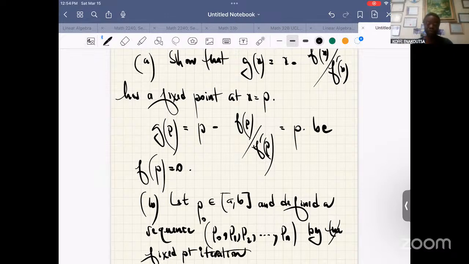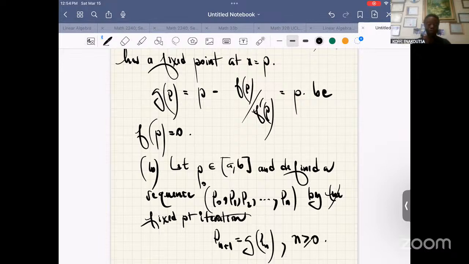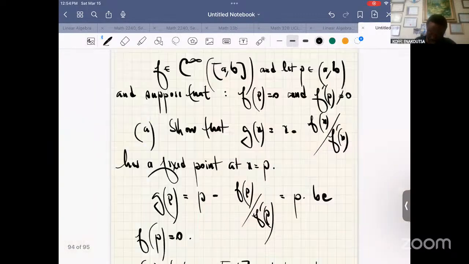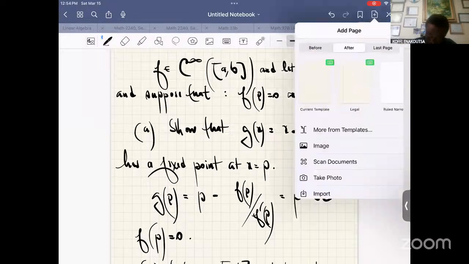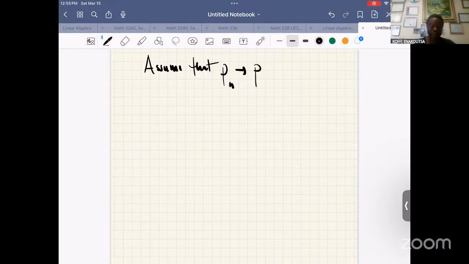Okay, so that's a fixed point iteration given by Pn plus 1 equals g at Pn, like this for n greater than 0. If we assume that Pn converge toward P as n goes to infinity, like this.